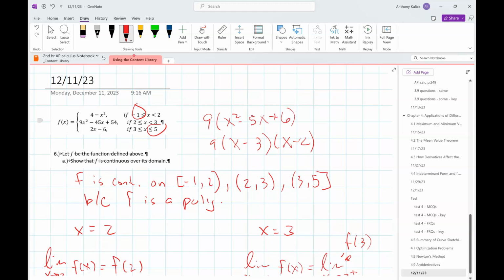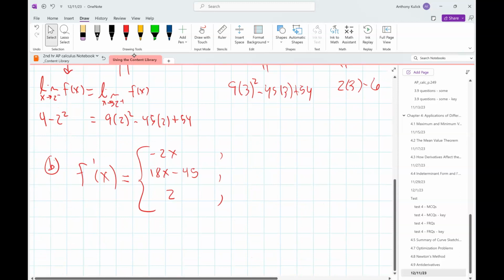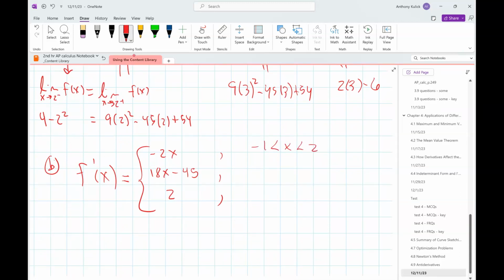And then I also need to worry about the transitions from one piece to the other piece. So I have to worry also about 2 and 3. So let's write down what we know. And then we need to check there to see if the derivative exists there or not.